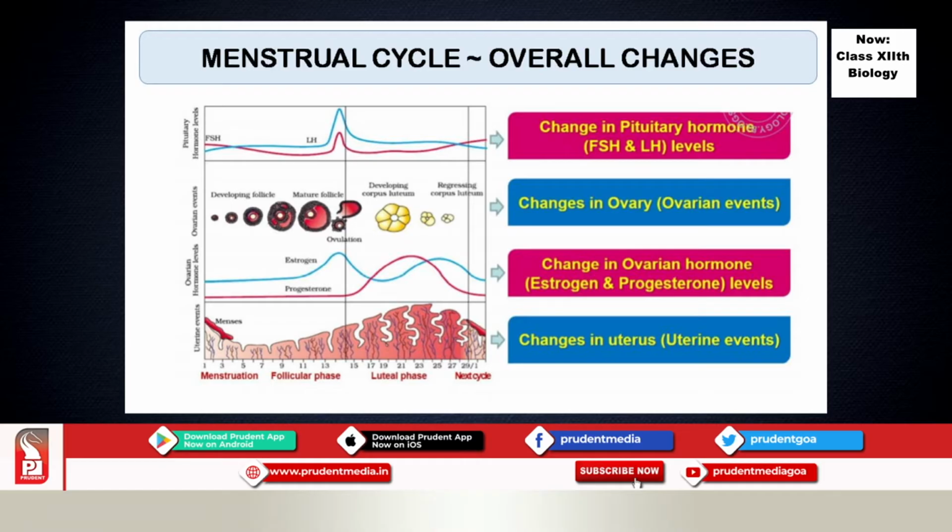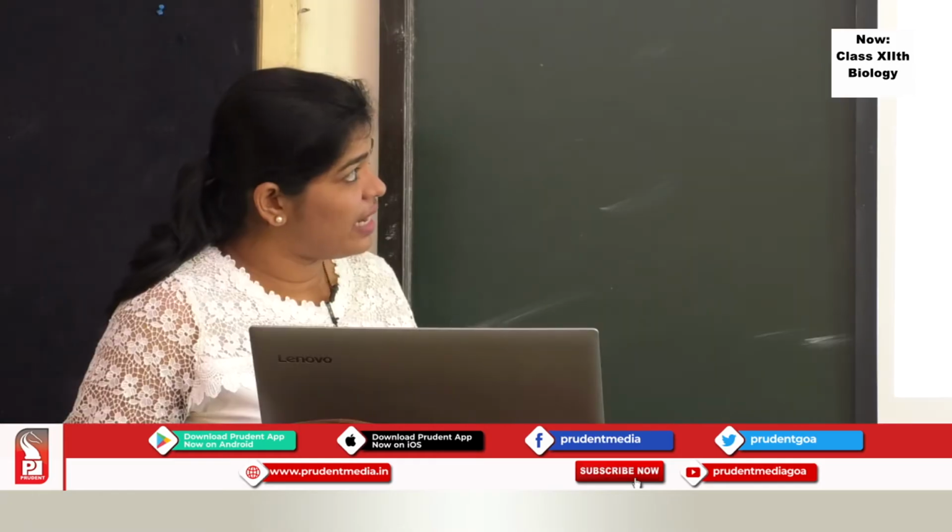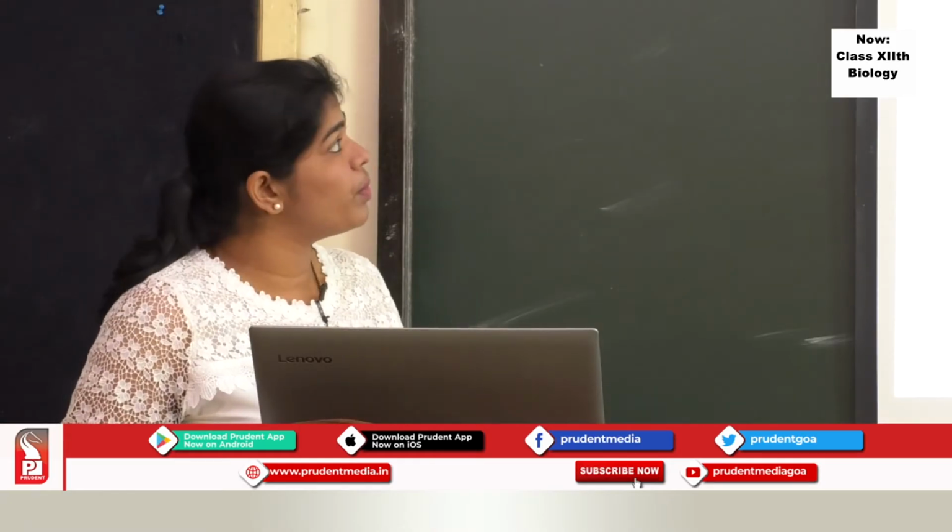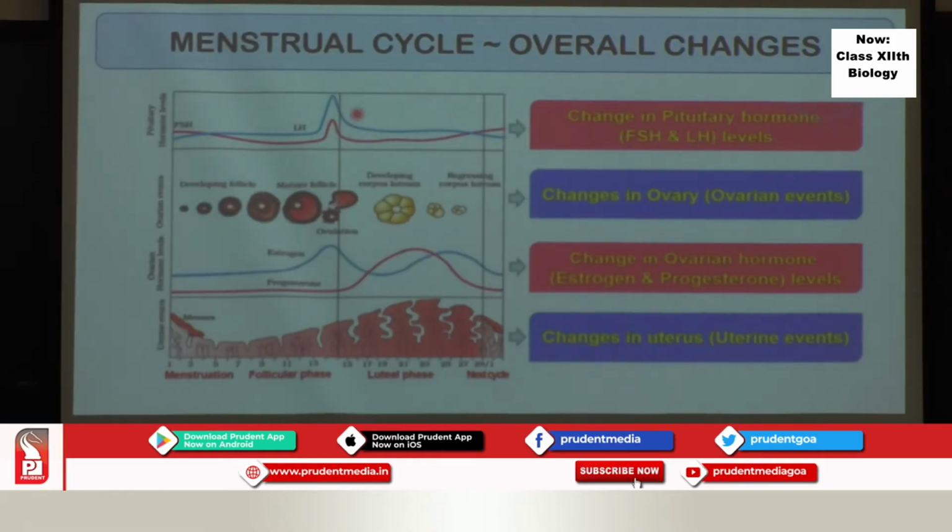If you see here, the changes in the pituitary hormones, FSH and LH, the luteinizing hormone, reach their peak during ovulation, which is called the LH surge. Then the changes in the ovary: during the first phase, the primary follicles will start maturing.